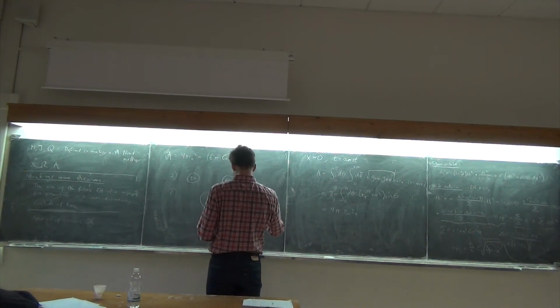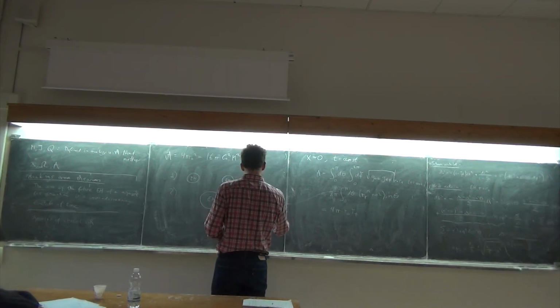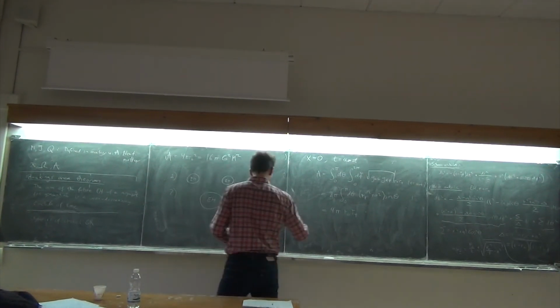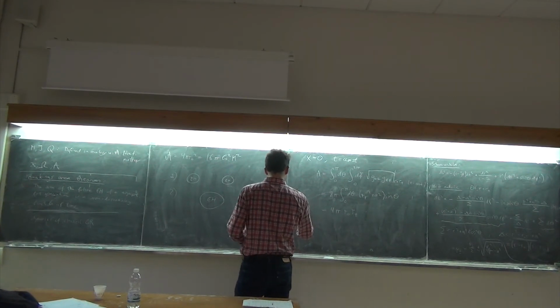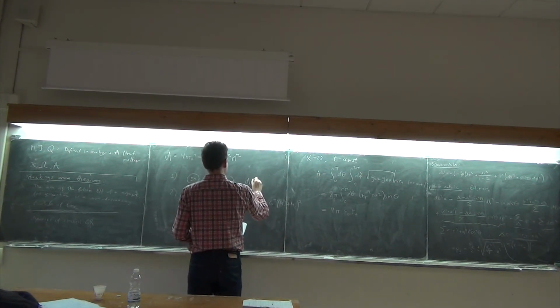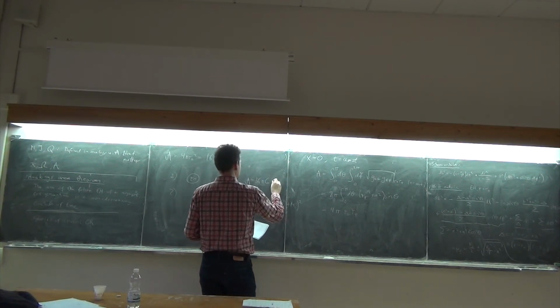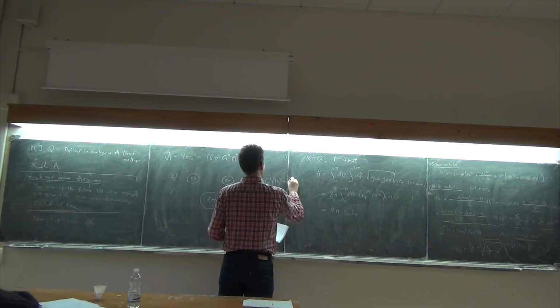So in one case, like in the case down here, we just have this where m is m1 plus m2, and up here we have the area m1 squared plus m2 squared.